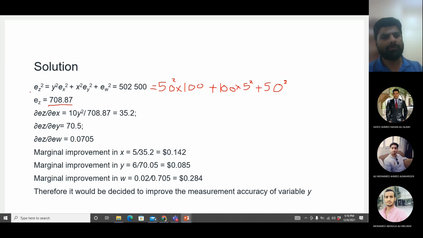Okay, so if you remove the square from all the terms, because I am doing partial differentiation of E, not E square, I can remove the square from all the terms.